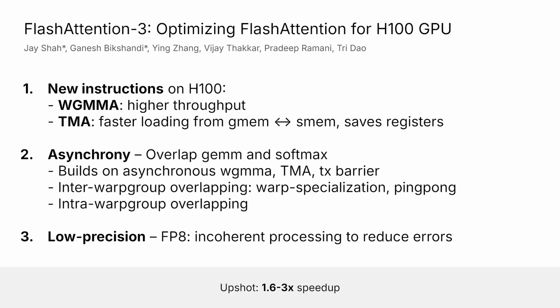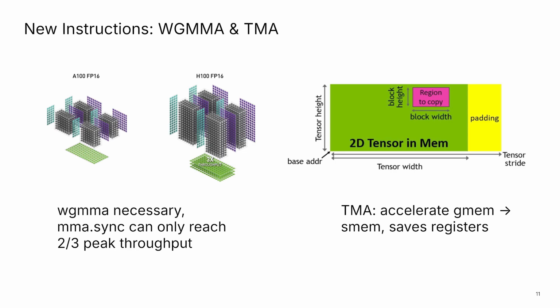Okay, so new instructions. The upshot is you can get about 1.6 to 3x speed up. It's the same algorithm, but a different way of programming, different instructions. In this particular case, we got up to 3x speed up compared to flash attention 2. So put another way, you can scale to 2 to 3x longer sequences for the same resource.